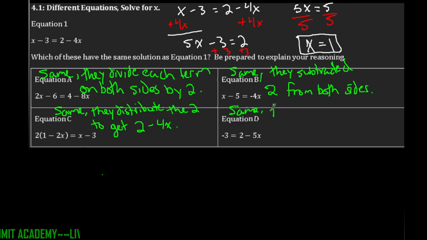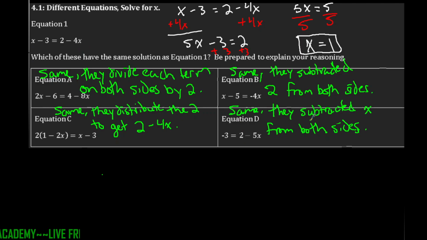And we can say they subtracted x from both sides. All right. So again, make sure you can compare, where I wrote out what they did to get this equation 1.